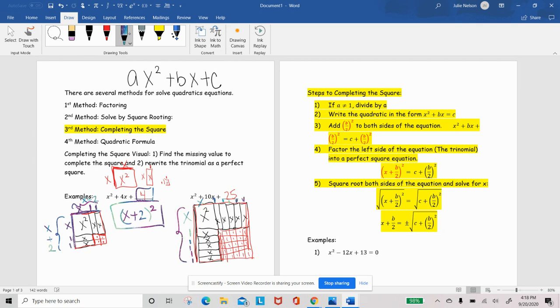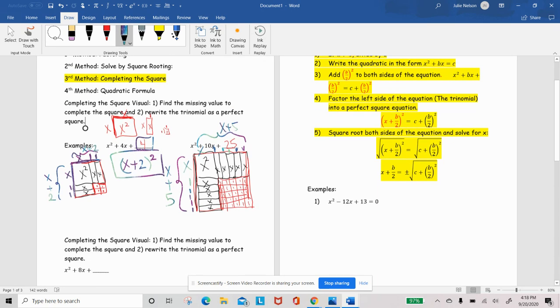So this height is x plus 5 tall, and this length is x plus 5 wide. So x squared plus 10x plus 25 can be written as (x plus 5) quantity squared.